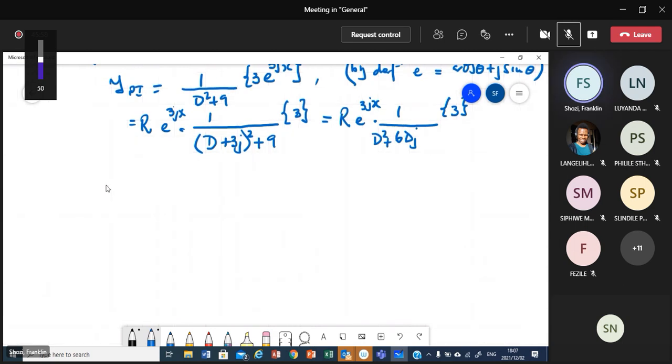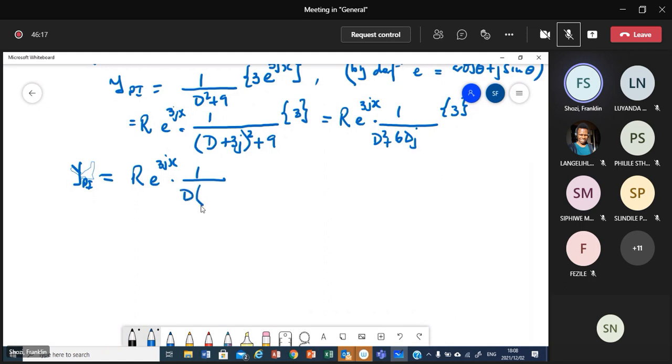All right, let's move on. That becomes, so my ypi equals the real part of e to the power 3jx times 1 over. I take out the common factor d because 1 over d is known. Then I'm left with d plus 6j on 3. Now this is a constant.